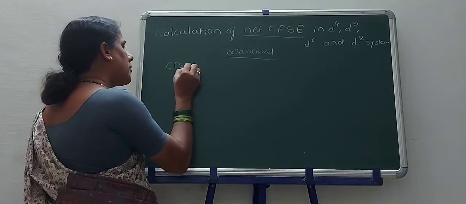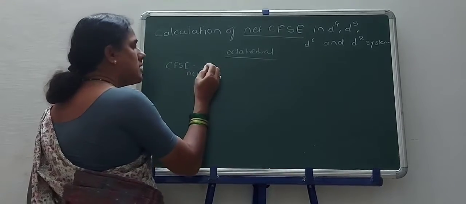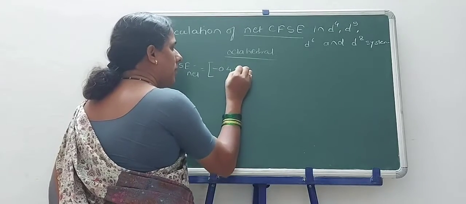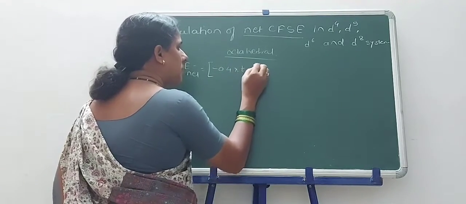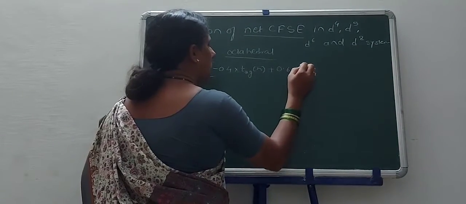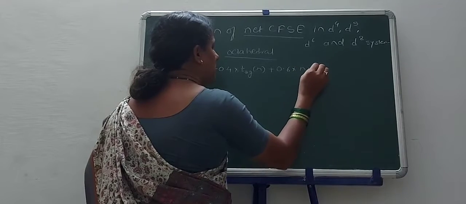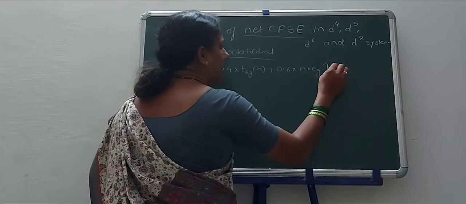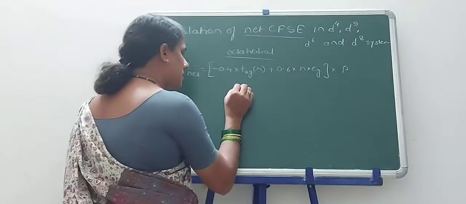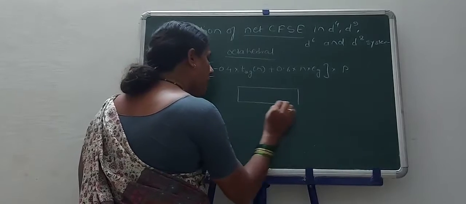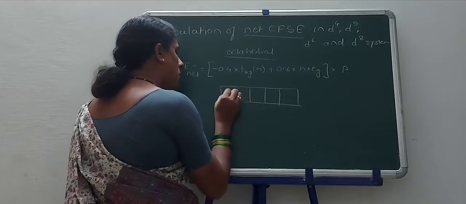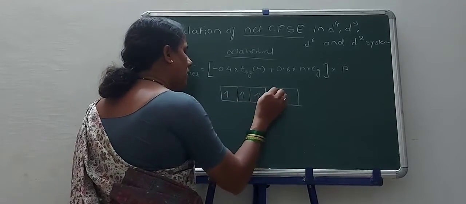CFSE net is equal to minus 0.4 into n in T2g plus 0.6 into n in Eg orbitals, plus P. Now for the d4 system, we have electrons 1, 2, 3 and 4.